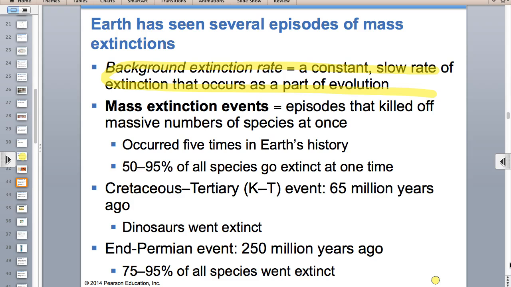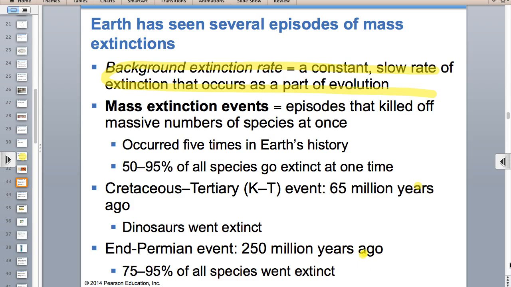Species go extinct or are replaced, and that's normal and natural. The problem is that we're now, I want to say, 10,000 times faster than the background extinction rate. That causes concern.